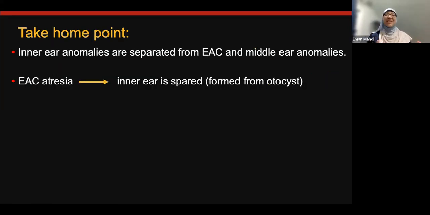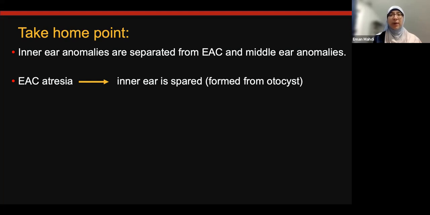So to summarize, the take-home point is that inner ear abnormalities are totally separate from external or middle ear abnormality. So when we get an order for microtia or external auditory canal atresia, you should think in the back of your head that most likely the inner ears are spared.